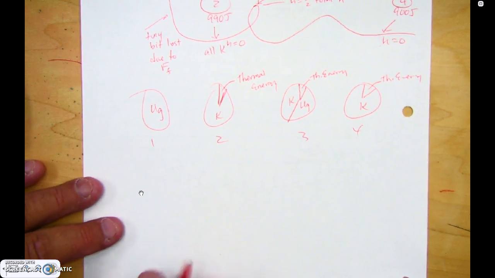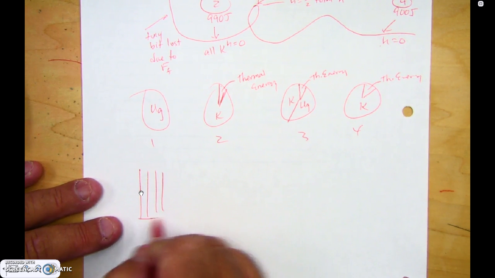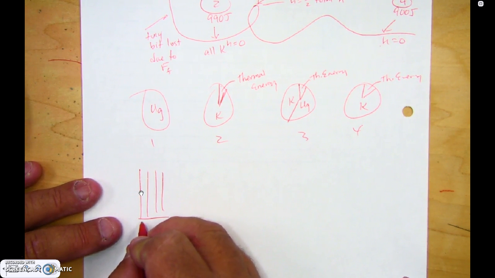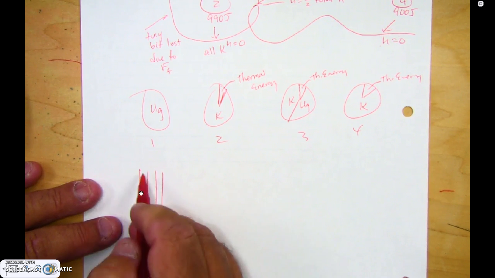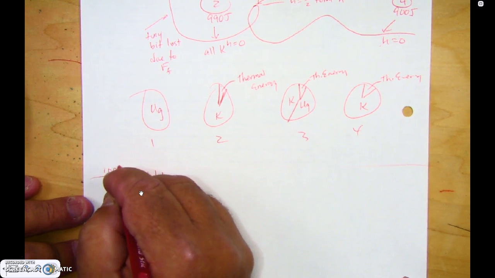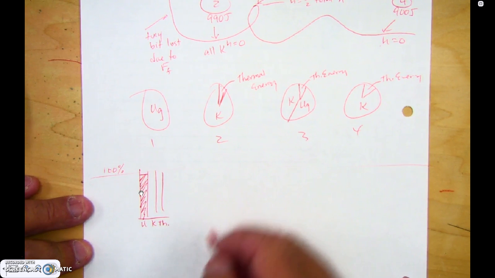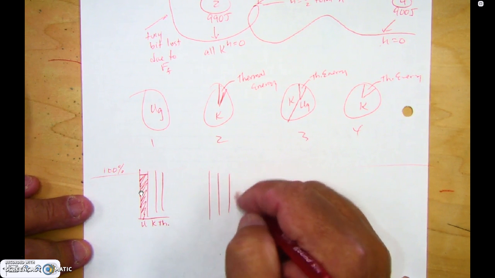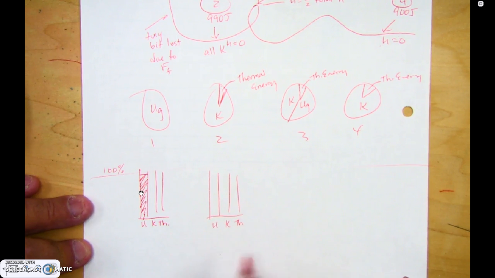You could translate this easily into a bar graph, except now you're going to have U, K, and thermal. So here, let's say this is 100%. Let's go all the way across like we did before. All U. Now at this point, we have U, we have K, we have thermal right there.